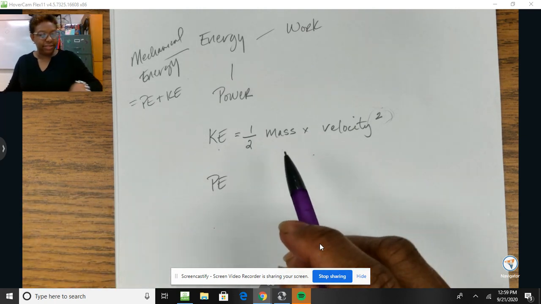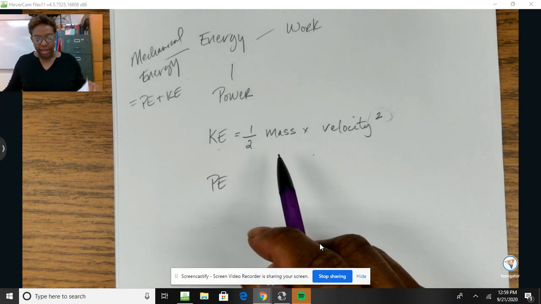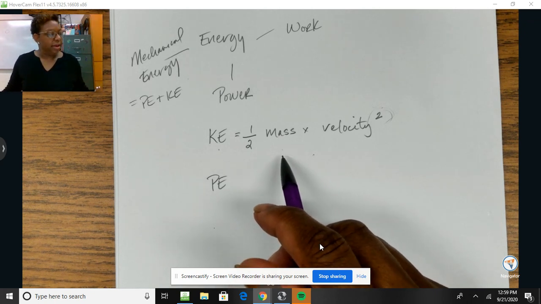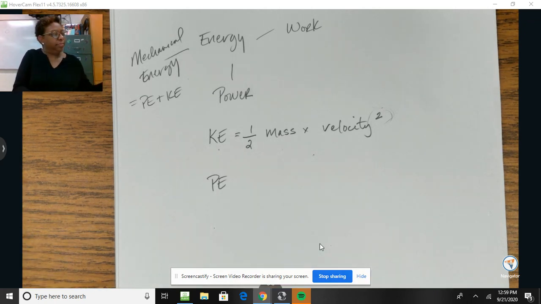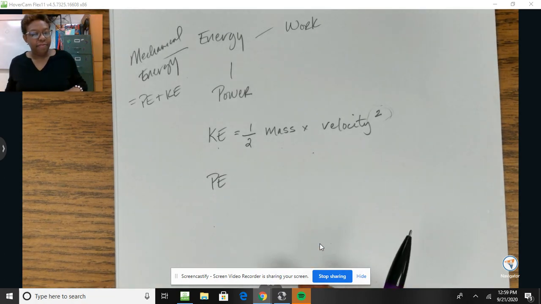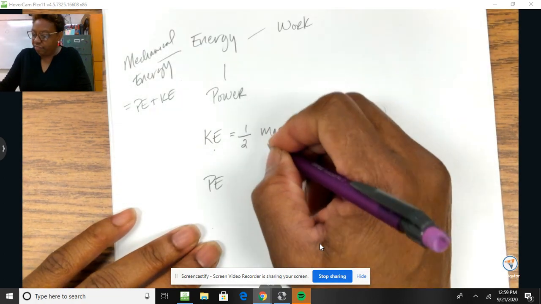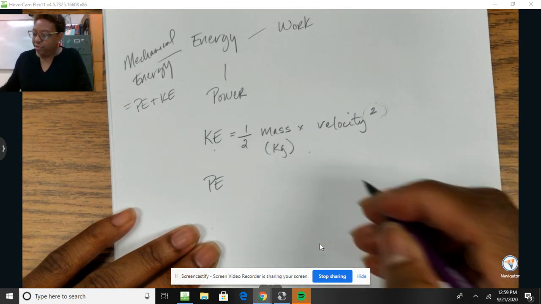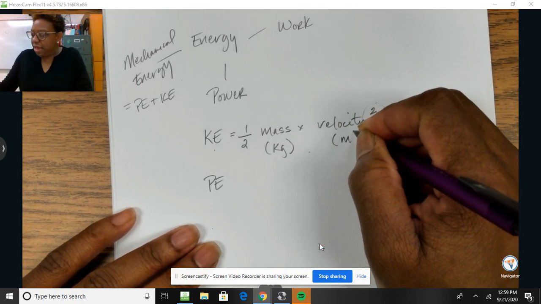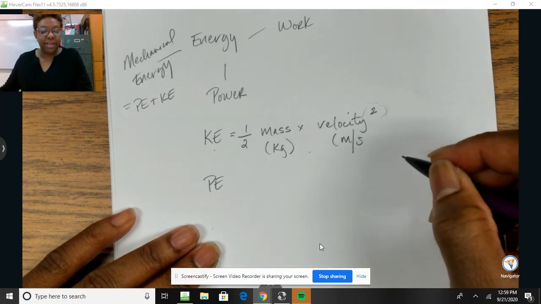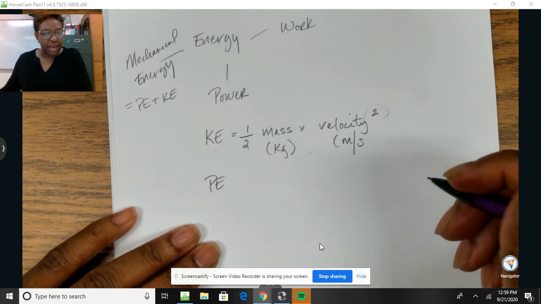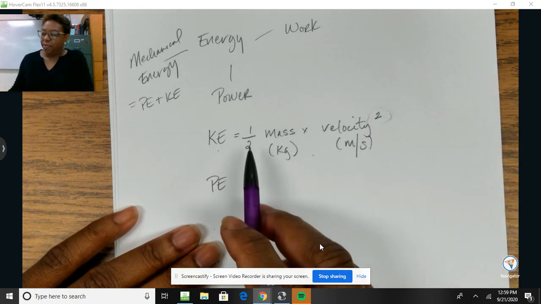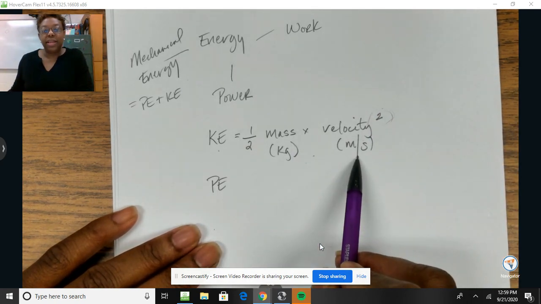Mass for this is going to be in units of kilograms. Velocity, which we know from our very beginning study, is meters per second. So we're looking for these variables in the equation.